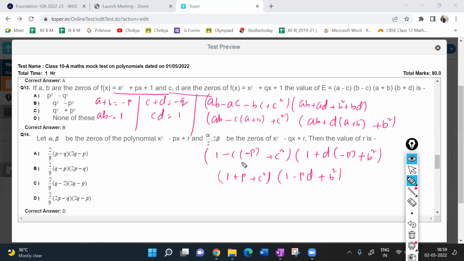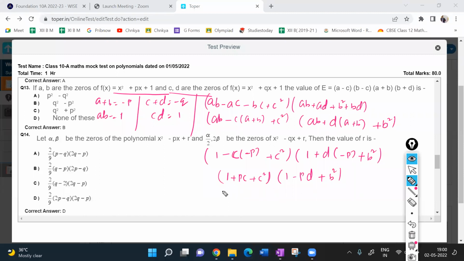Correct? Any here C, right? One PC, sir. This is PC. BC. PC. Okay, plus C square minus PD. Where did this come from? C plus D.